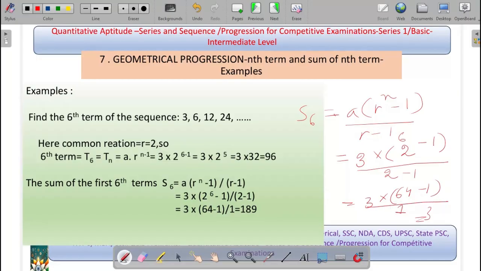So this is 3 into 63, and this is equal to 189. That will be the answer.